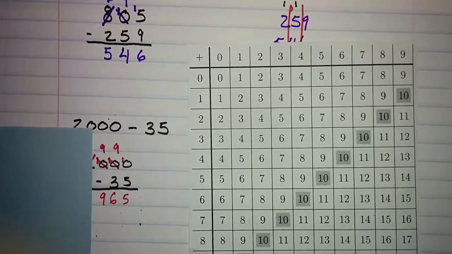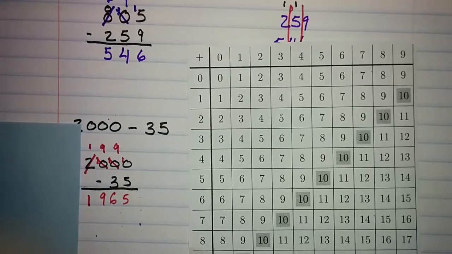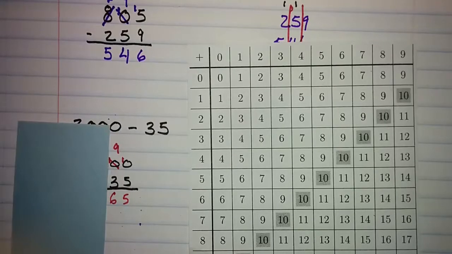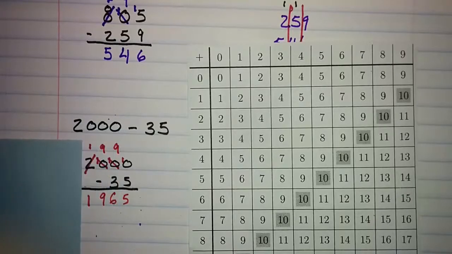Now notice that at any given moment, I only go over to the left one place. I only come back to the right one place. Some people skip writing 10 on these zeros and just cross off the 0 and write a 9.